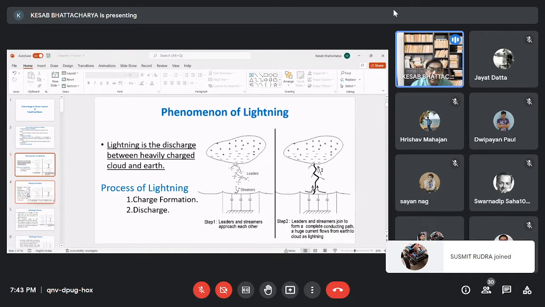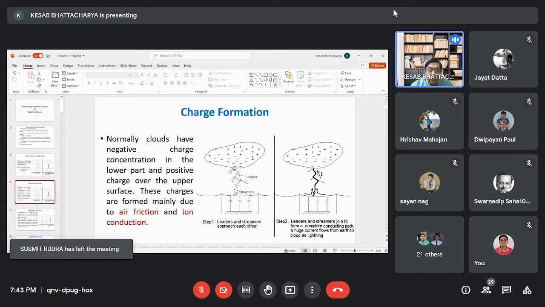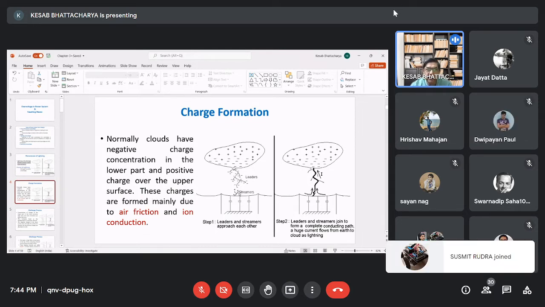Now, what is said is this: normally clouds have negative charge concentration in the lower part and positive charge over the upper surface. How these charges develop within the cloud is explained in the next sentence. These charges are formed mainly due to air friction and ion conduction.